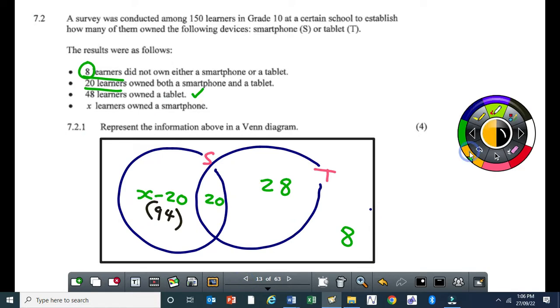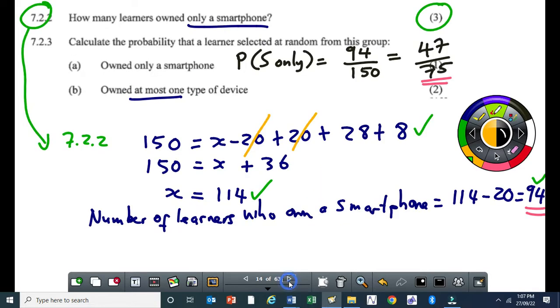So, how do we get that? Well, it's very straightforward. If it's at most 1, then you need these 94. We don't need the 20, we need those 28. Then we also have to include those 8. It doesn't say they own one device only. That's not what the question is saying. It's saying at most one device. Now in probability, the terminology or the language is extremely important. Okay? So 94 plus 28 plus 8.